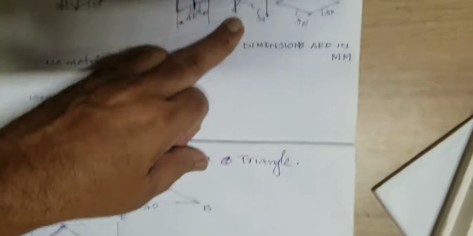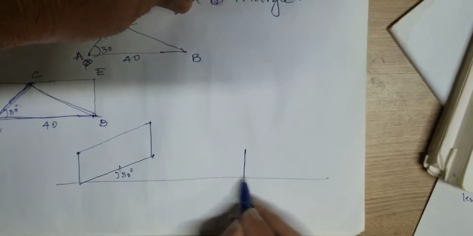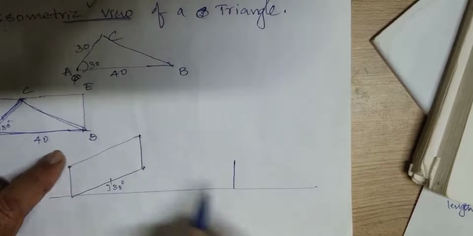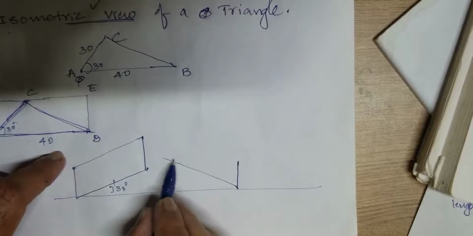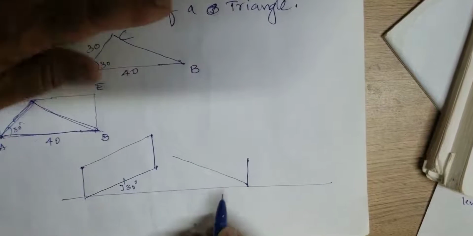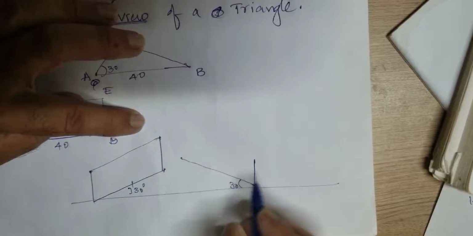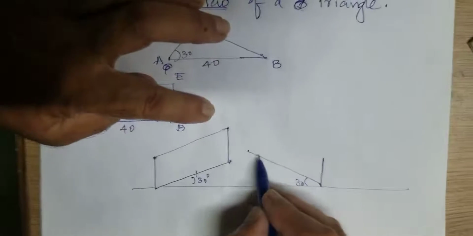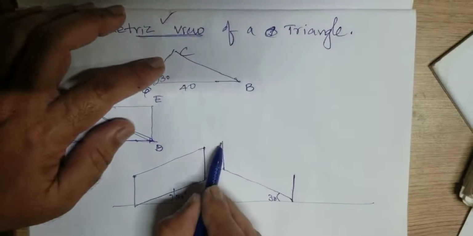The other rectangle, how am I writing it here? See here. Whatever length is there, I am taking here. This is on the 30-degree line. Whatever the length, we have the true length. 40 only we have to take because it is 40. So here, the same length from this point vertically we have to do. Similarly here we have to write it.